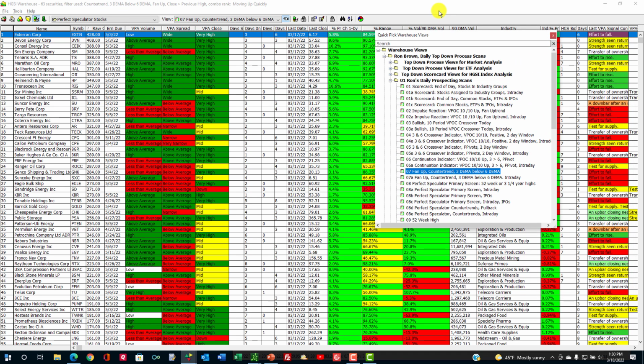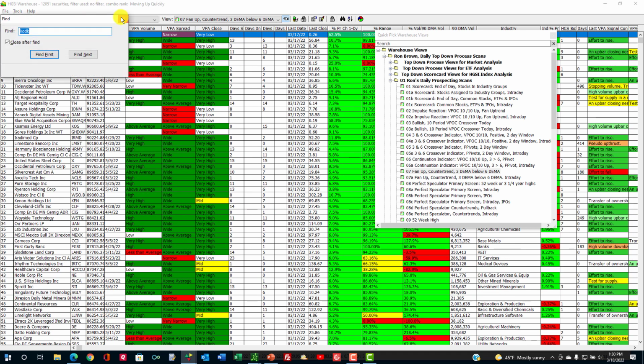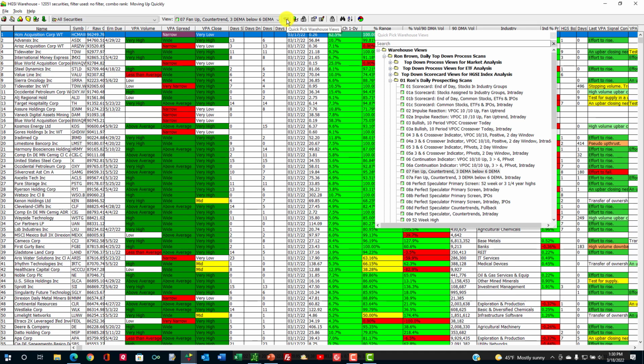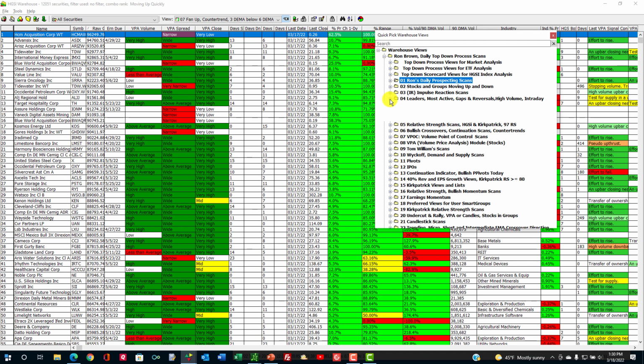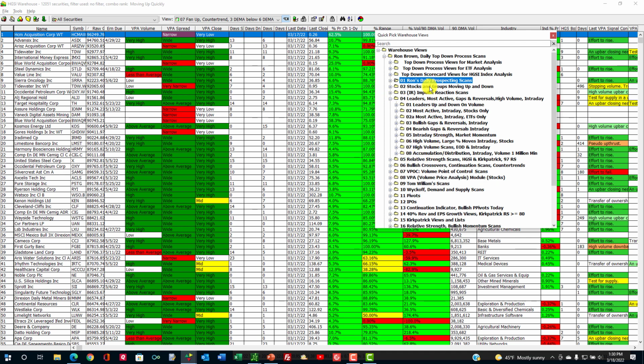Okay, I think I'll do one more thing. I'm going to go back to all securities, and then I want to go back to those accumulation scans. Once again, if you're a member of the Insider Club, look at folder number 4, which is leaders, most active, gaps, reversals, high volume, intraday.